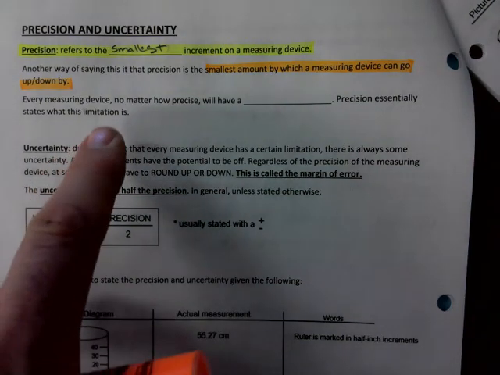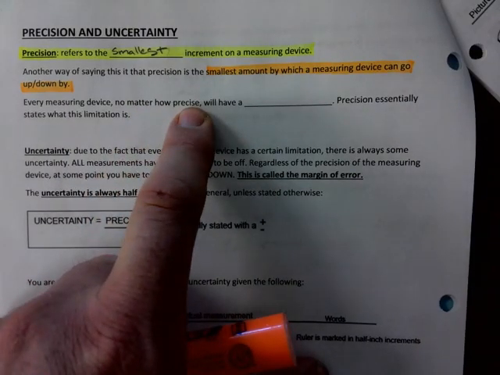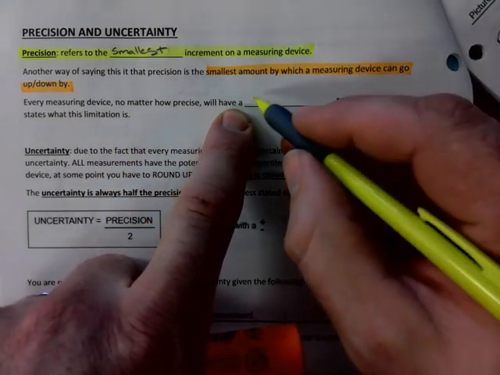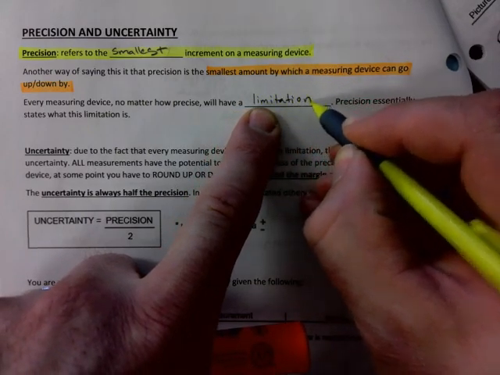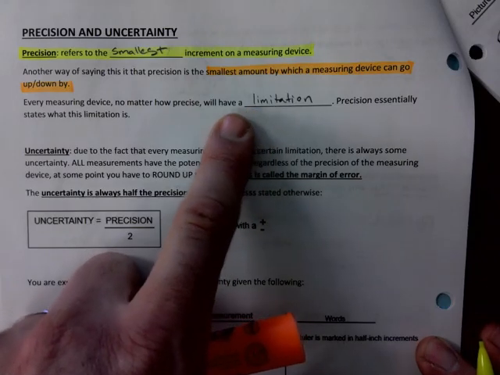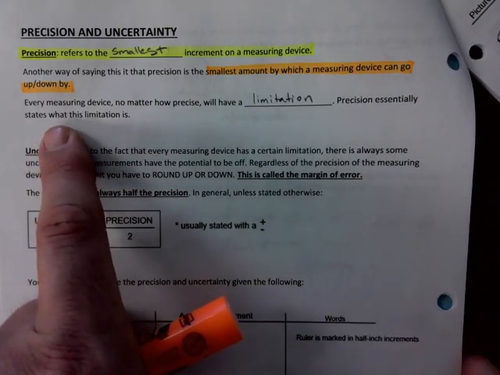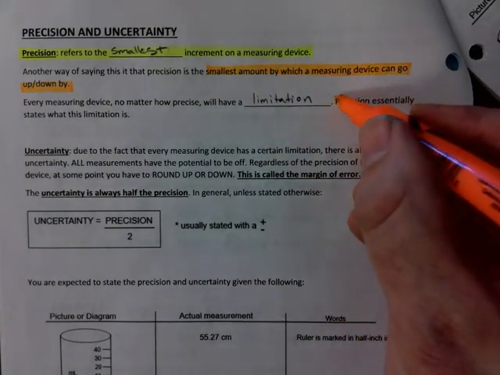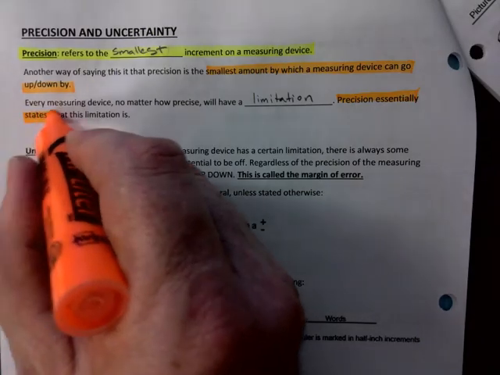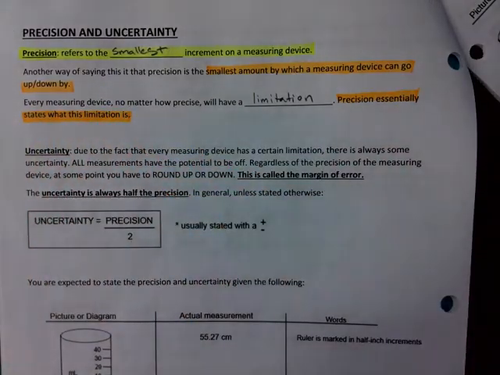Every measuring device, no matter how precise, will have a limitation. Precision essentially states what the limitation of your device is. Let me tell you, every device you see out there is limited.